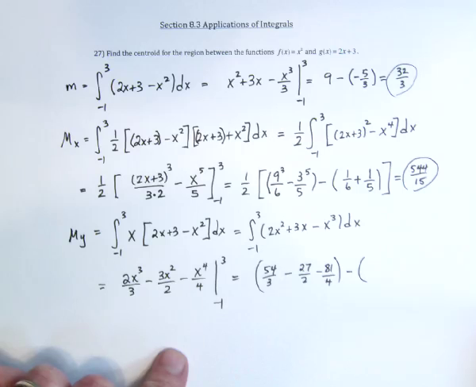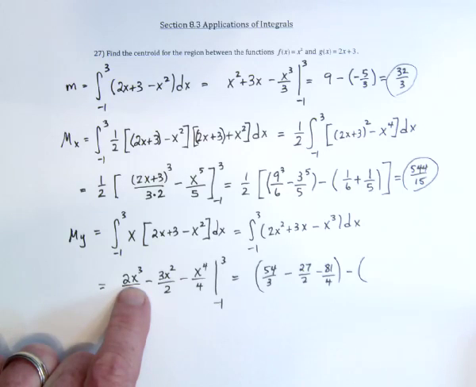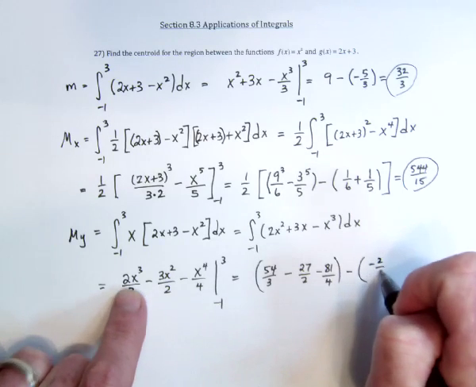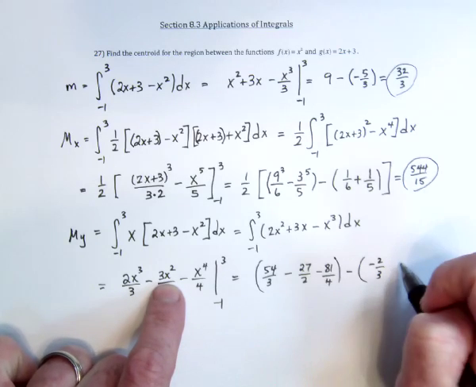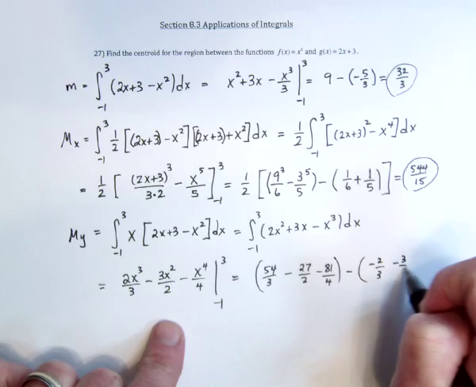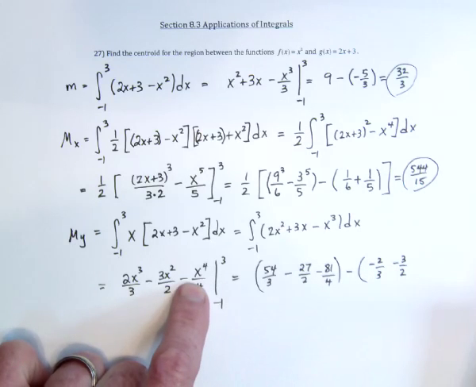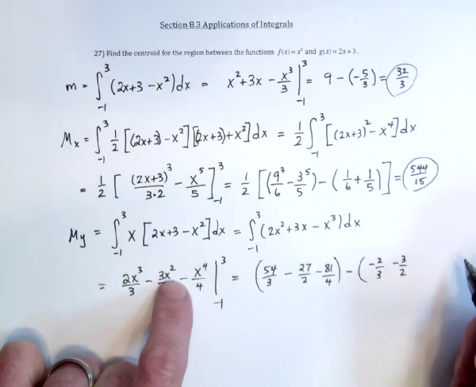And now substitute a negative 1. So this will become a negative 2/3. This will become just a 1 times the 3, so we still have minus 3 over 2 there. And if you have a negative 1 to the 4th, it gets rid of the negative and gives you 1/4, but then minus that.